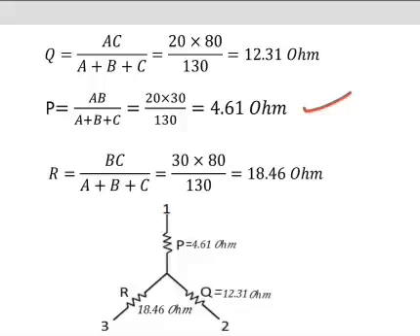Similarly, R equals BC divided by A plus B plus C, that equals B 30 into C 80 divided by 130, that equals 18.46 ohm. This is the converted star network.